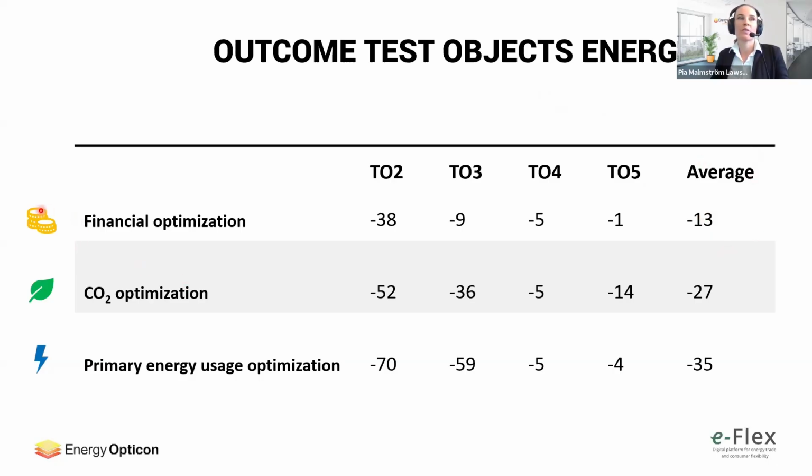So a reduction in production costs: actually, this financial optimization was an average of 13%, and reduction of CO2 was an average of 27% for these 4 test objects in combination. And the primary energy usage optimization gave a result of 30% reduction, which was quite nice to see.